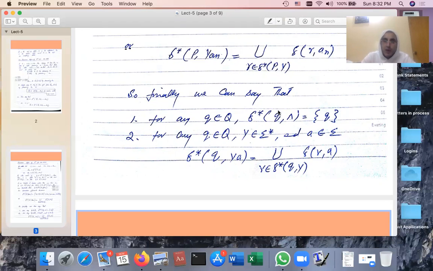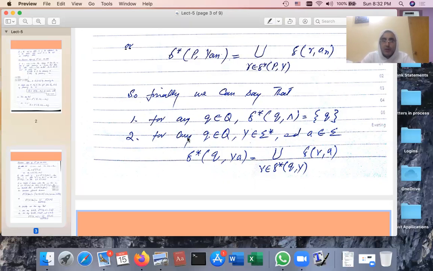If I have any state q, and if I have the input symbol null, I can apply multiple transitions, depending on where. For example, in an NFA, if I get null, I can reach multiple states ahead. So by taking null, I can reach any state according to this definition.